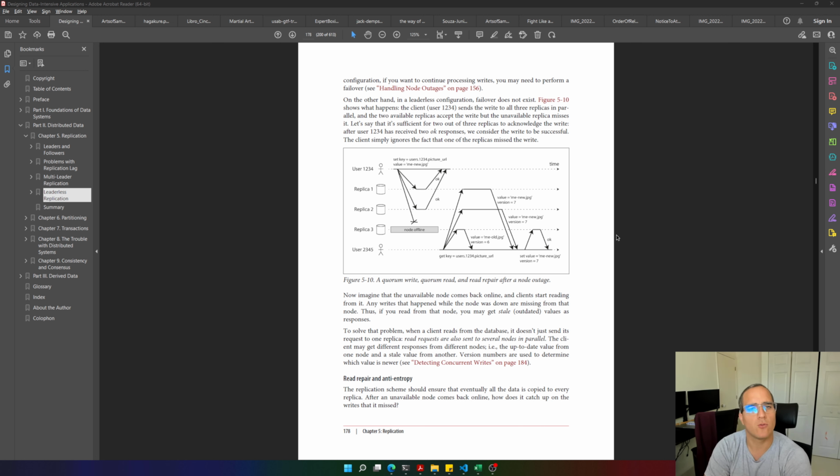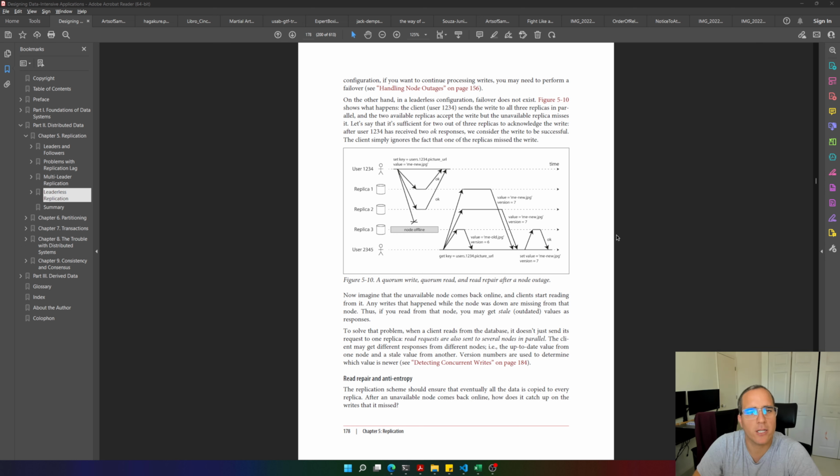The client, user 1234, sends the write to all 3 replicas in parallel, and the 2 available replicas accept the write, but the unavailable replica misses it. Let's say that it's sufficient for 2 out of 3 replicas to acknowledge the write. After user 1234 has received 2 OK responses, we consider the write to be successful.